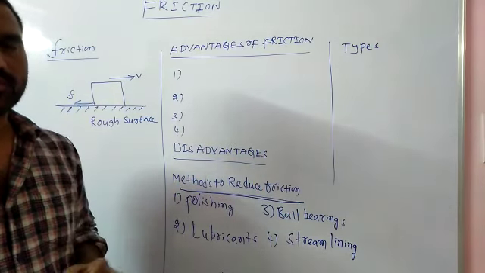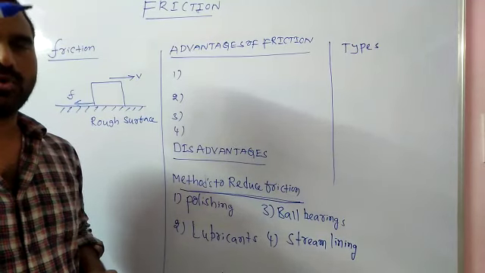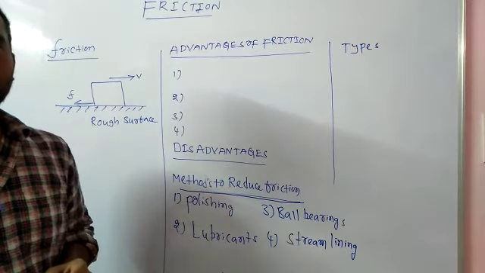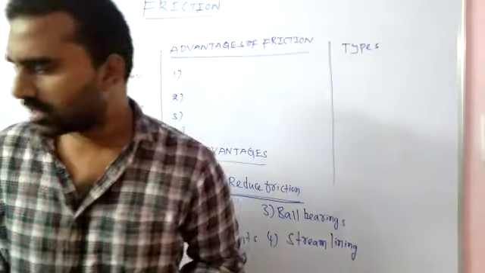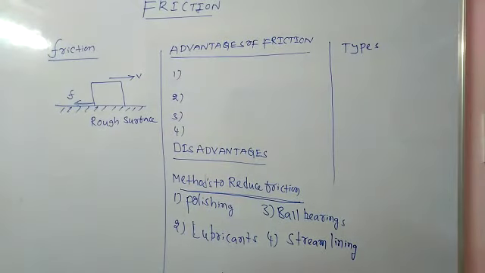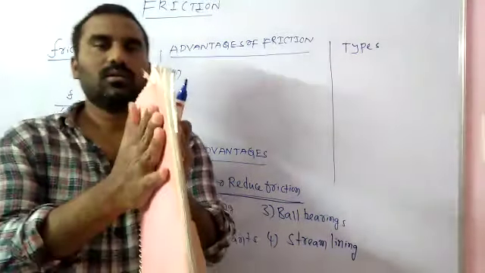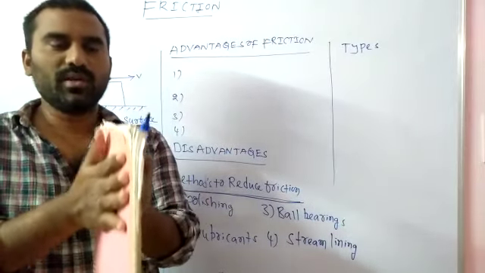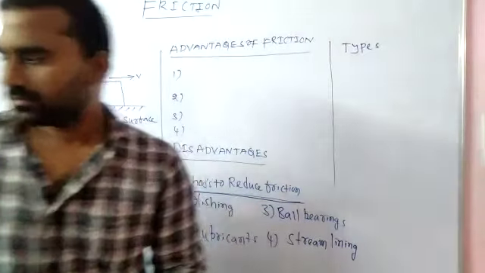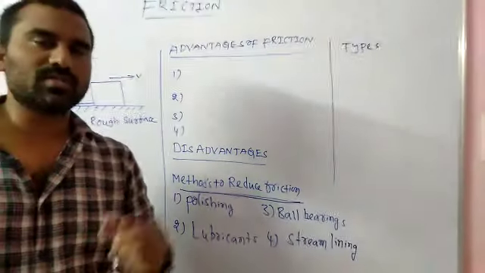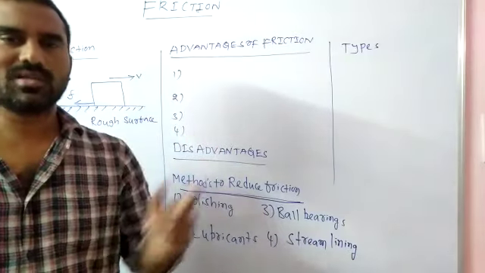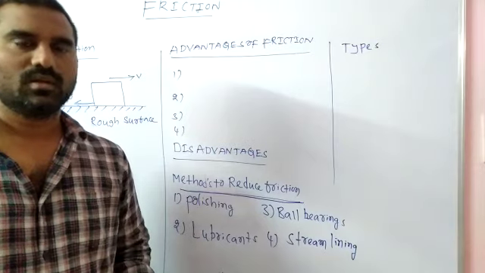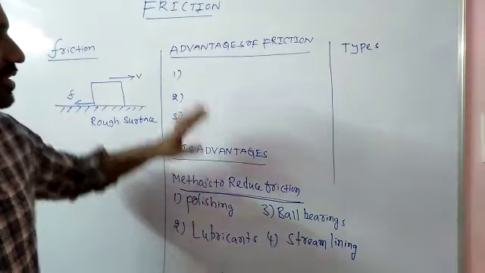Now I am holding a marker because of friction between my hand and the marker. I am holding a book between two hands because of frictional force between my hands and the book. Friction also helps to hold a glass tumbler, a chalk piece, and a duster. These are a few examples of the advantages of friction.